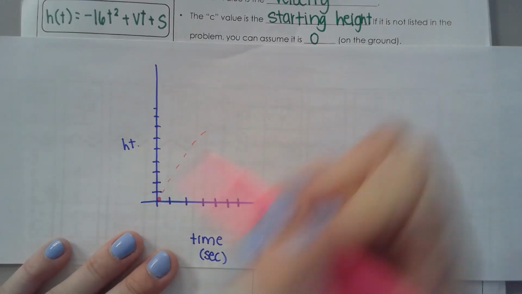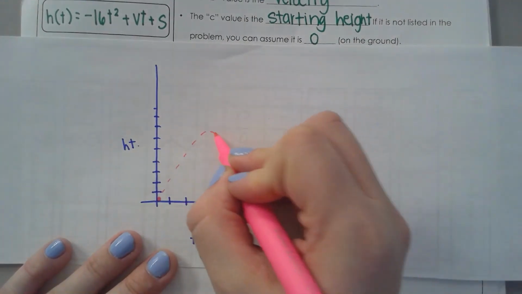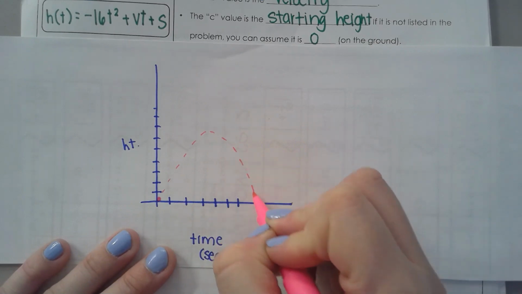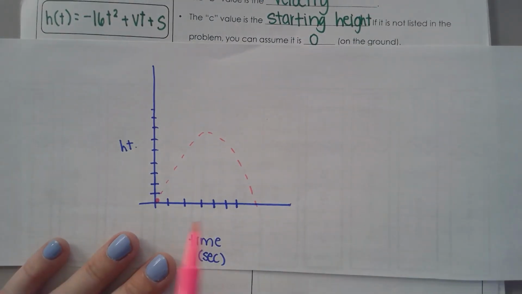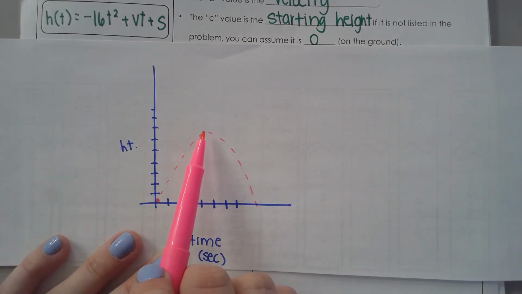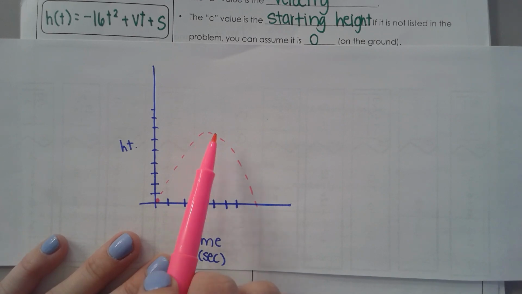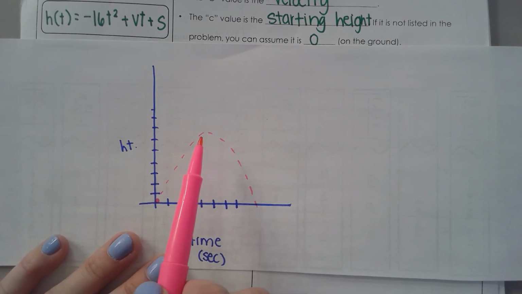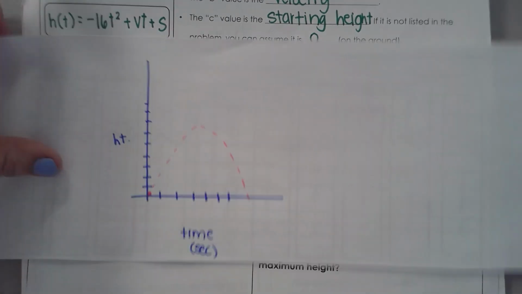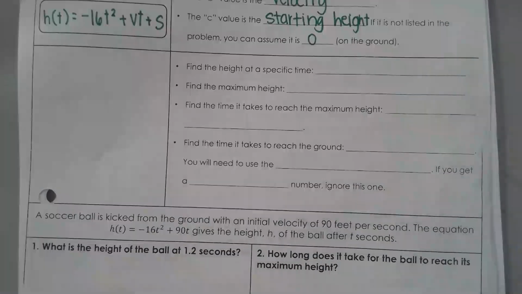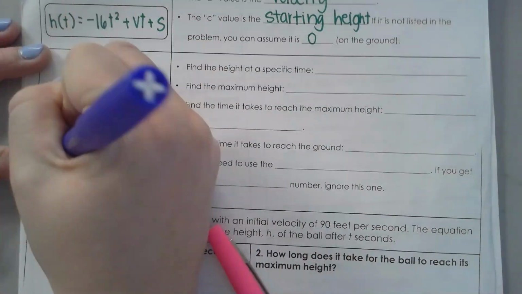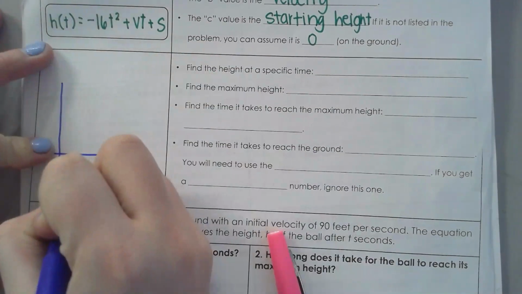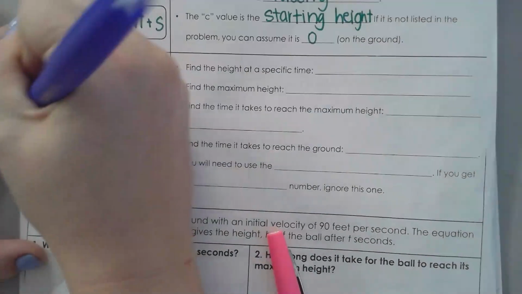It eventually will fall back down, and so it forms a parabola. Let's say at 3 seconds my object would be as high as it's ever going to get. It would eventually come down. This is kind of what we're looking at. This is time. This is height.